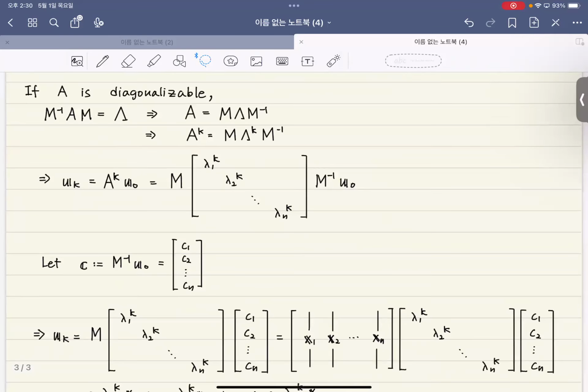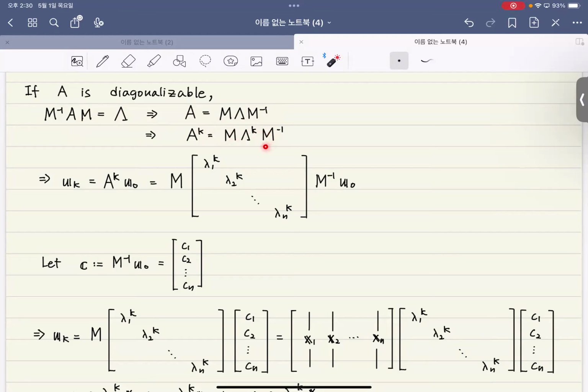Suppose that A is a diagonalizable matrix. Then I have diagonalized the matrix A, so A is M times Lambda times M inverse. Therefore, A to the k is M times Lambda to the k times M inverse.